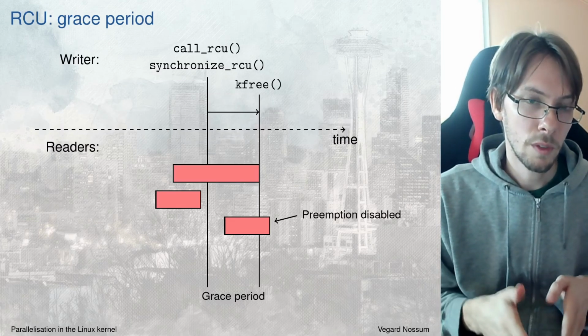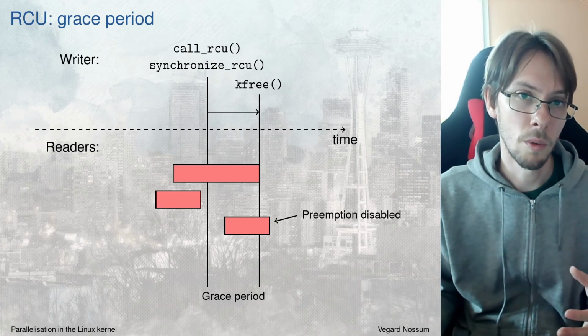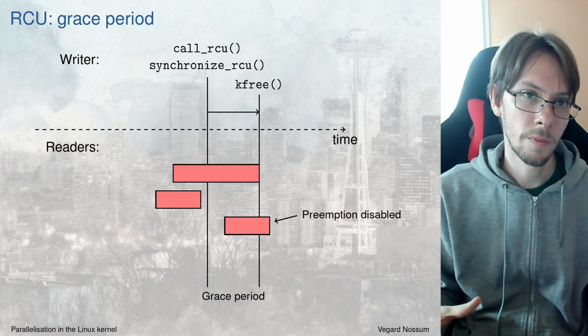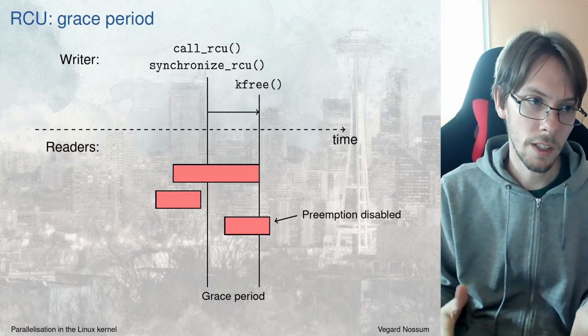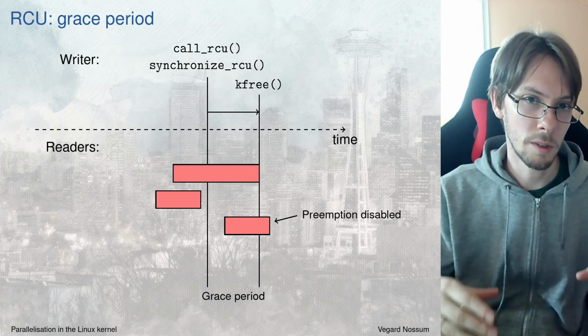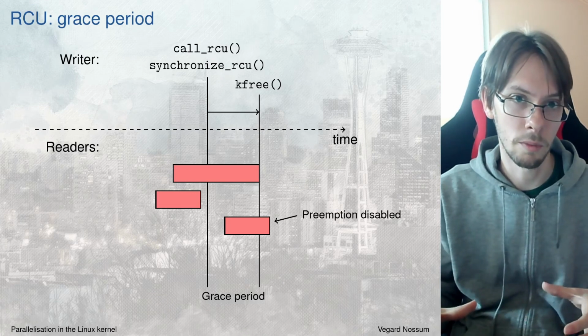So if the reader has a pointer to something and wants to ensure that it doesn't go away without using reference counters or anything like that, what we can do is this. The reader has to disable preemption. And put very simply, this means that the current task will keep running until preemption is turned back on.